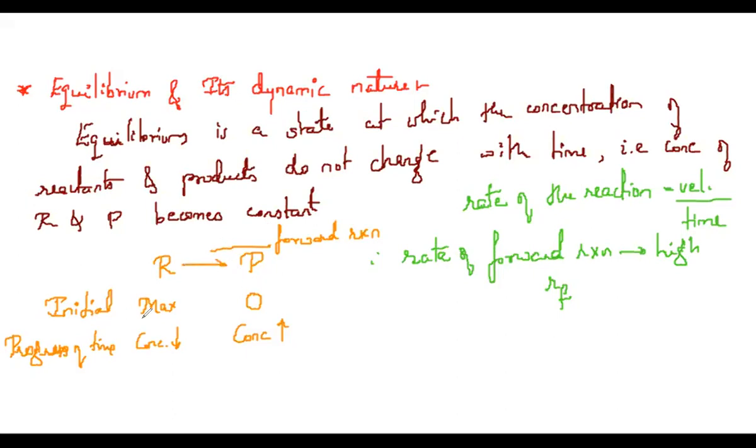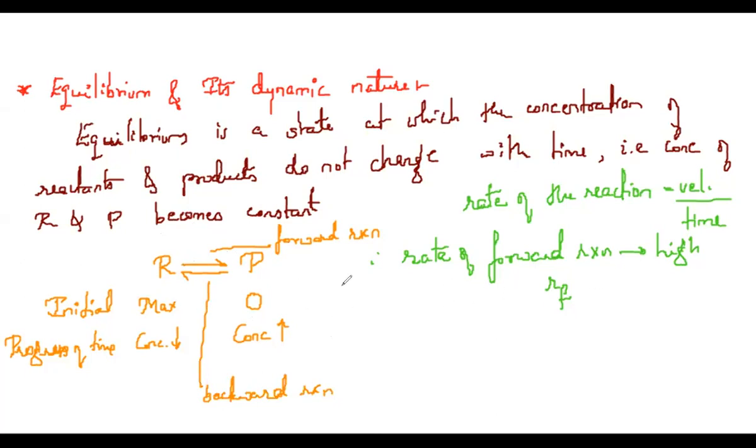But as the reaction progresses with time, reactant goes on getting converted into product. So as concentration of reactant decreases, concentration of product increases. With the concentration of product, I expect the backward reaction also to take place. So this is the backward reaction, and with time the rate of backward reaction slowly increases.